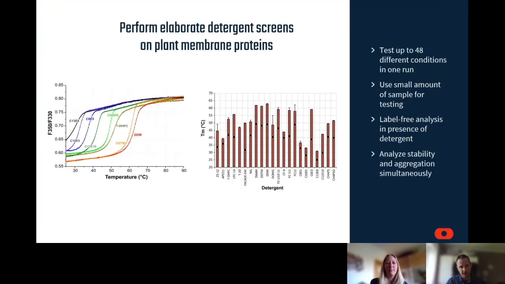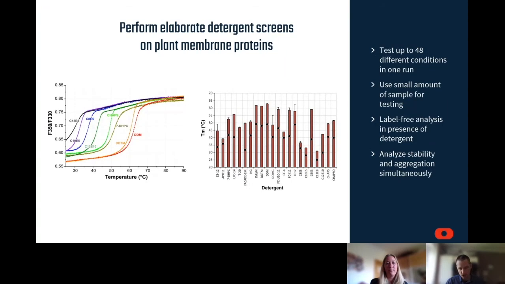Another important aspect is the general fact that we deal with challenging samples like membrane transporters, or, I don't know, GPCRs, antibodies. And here stability and sample quality is very important. So you should always make sure to work with the best sample possible, and long-term storage, assay conditions, different buffers, mutations, purification steps, they all have a crucial impact on your protein stability.